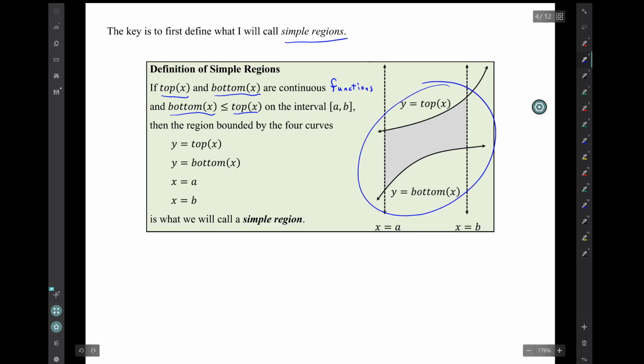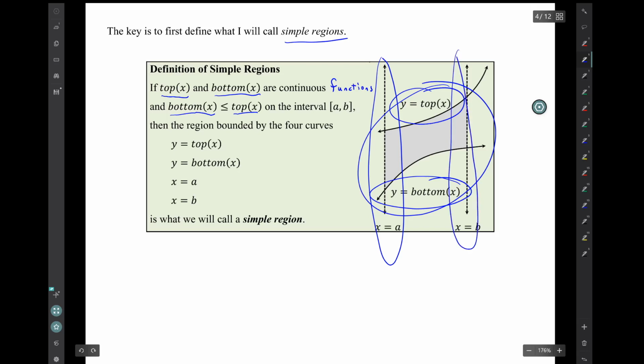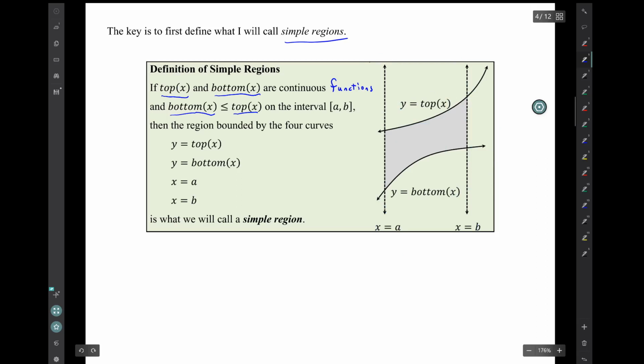Then the region bounded by those four curves, what I have shaded here, the four curves that are y equals top of x, y equals bottom of x, this vertical line x equals a, and this vertical line x equals b, that region is what we'll call a simple region. Simple because it has a clear top curve and a clear bottom curve and clear endpoints.